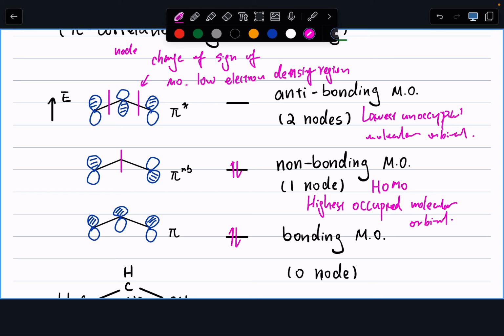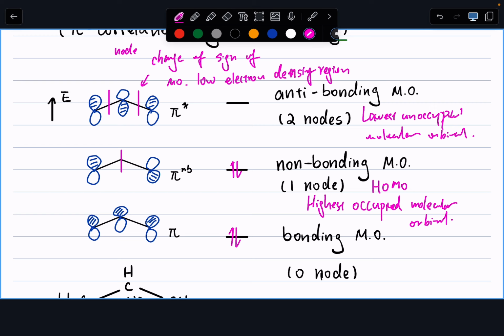All right, so if we're predicting the reactivity of my allylic carbanion, let's do a little bit of mental practice. Is it going to be able to accept more electrons, or does it want more electrons? Where is that electron going to go if we add 1 more electron to the system?